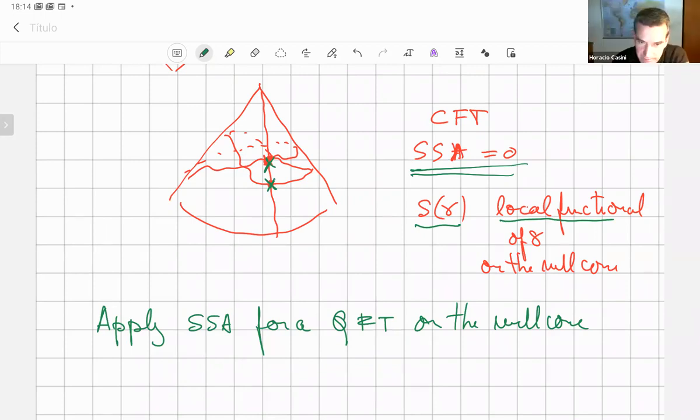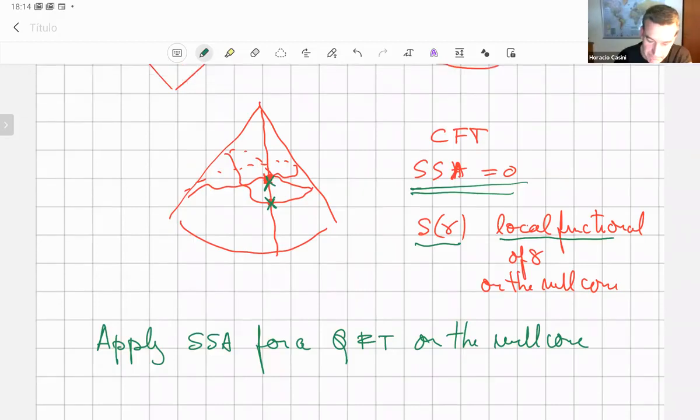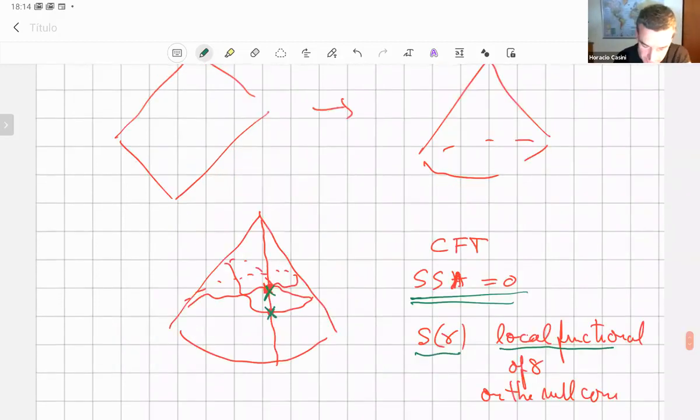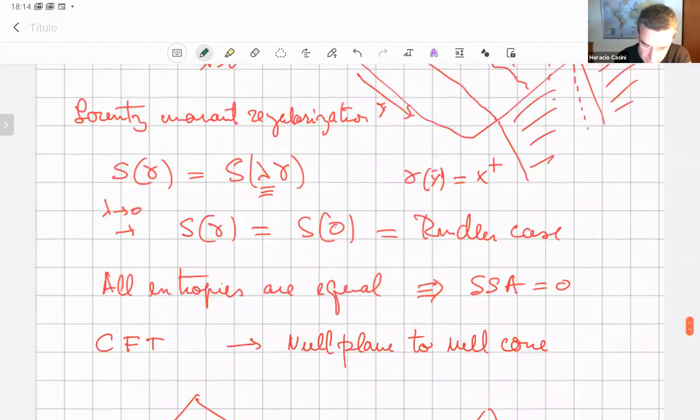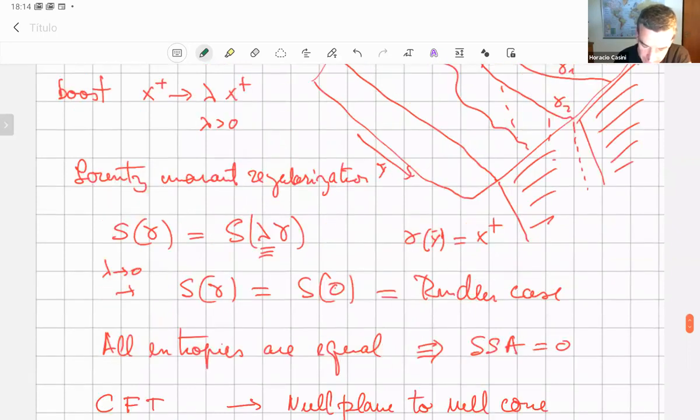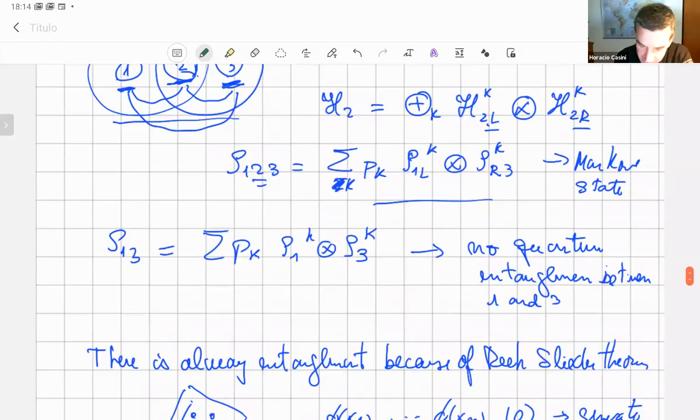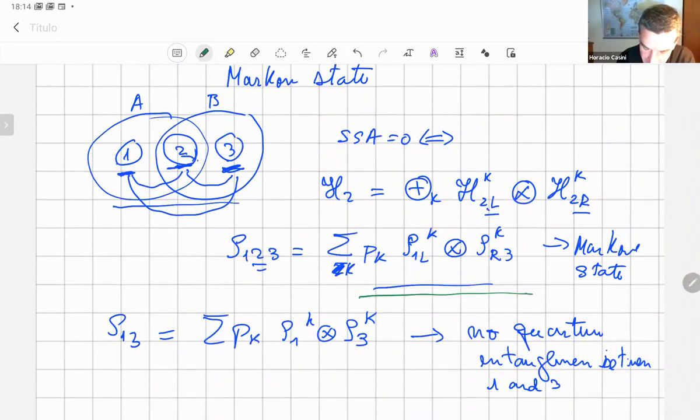So the saturation of strong superadditivity is a property of the state in the 1, 2, 3 regions, let's say. So you have to have this structure of the state. When you say that your state has this structure, it is a state in 1, 2, 3, in the full region.